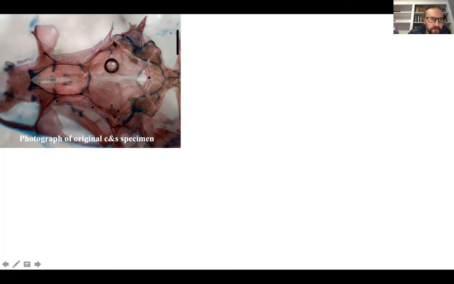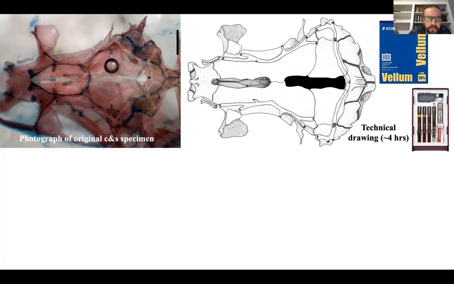But I would take an image like this and I would either produce a line drawing using technical drawing pens and vellum paper. Depending on the amount of effort that you put into a drawing like this, it could take anywhere from a few hours to maybe a few days, depending on how invested you are in the stippling.